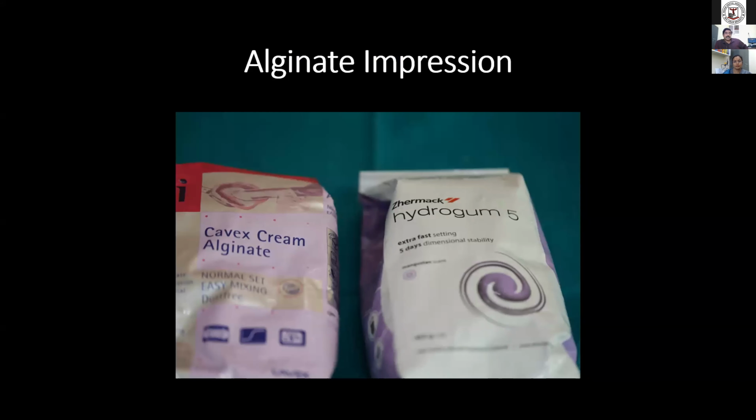Now we'll discuss a little bit about alginate impression. Alginate impression is commonly used for making a diagnostic cast, for making a cast for the preparation of provisional restoration, or an acrylic prosthesis.